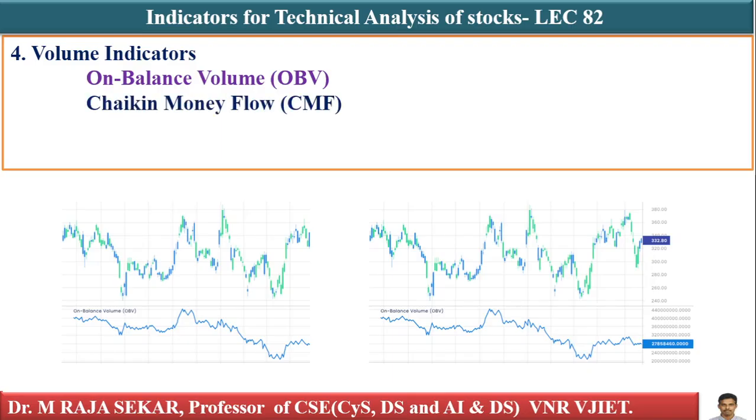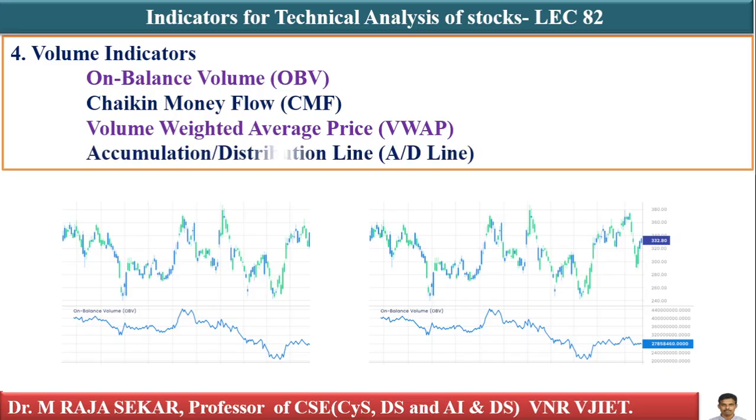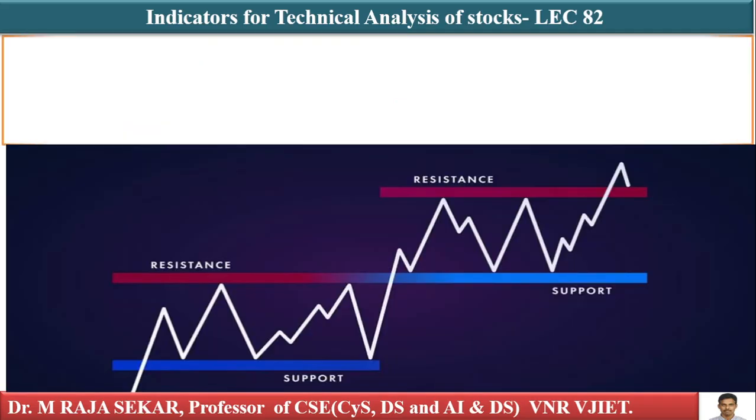Another one is CMF, Chaikin money flow, and VWAP, volume weighted average price. Then the A&D line, the accumulation distribution line. Anyway, we will try to understand all these indicators in future classes.